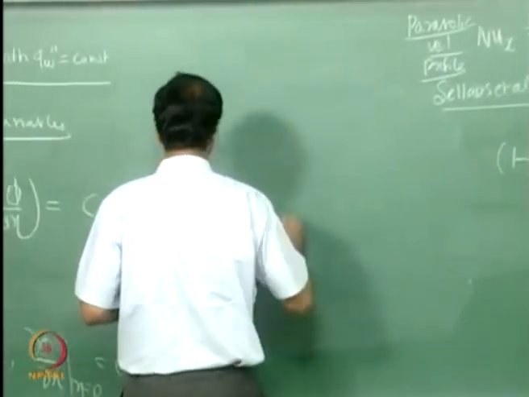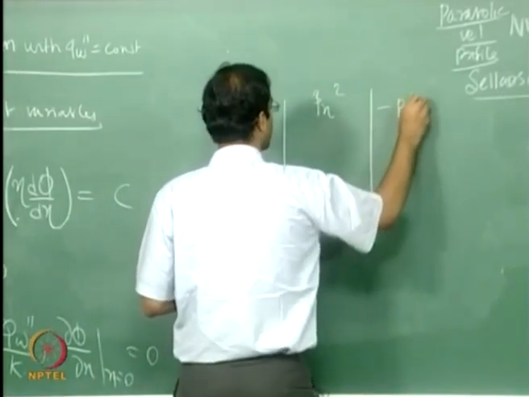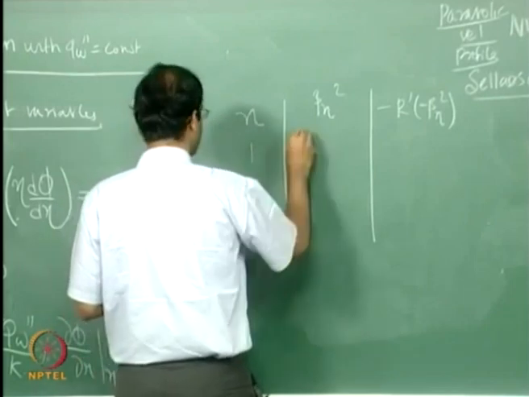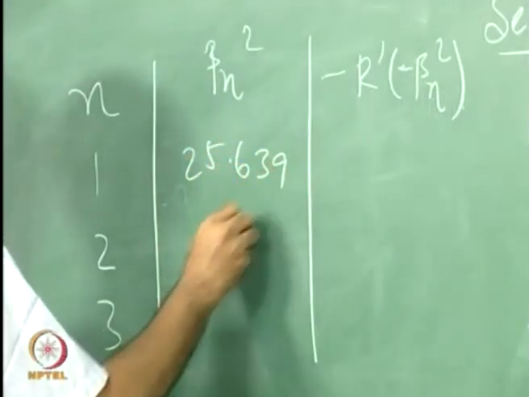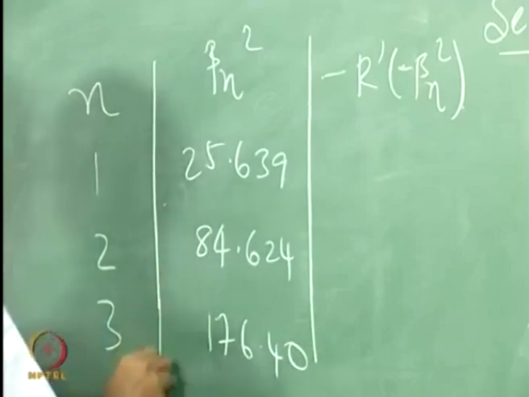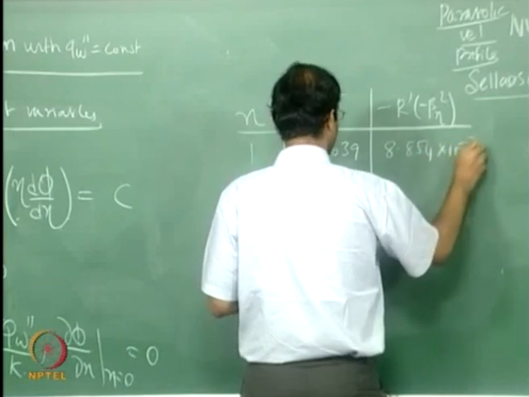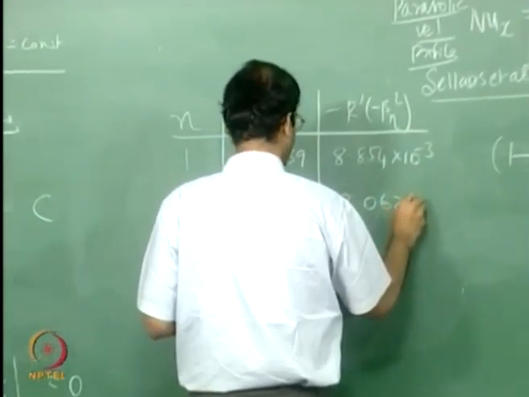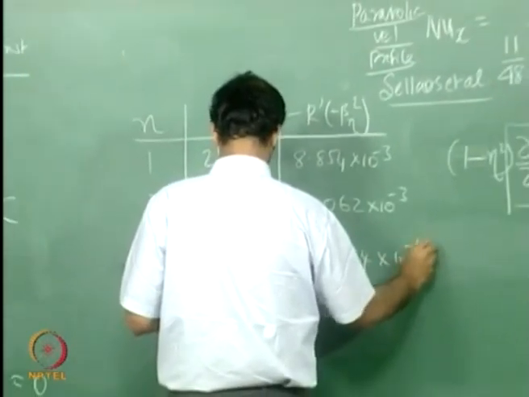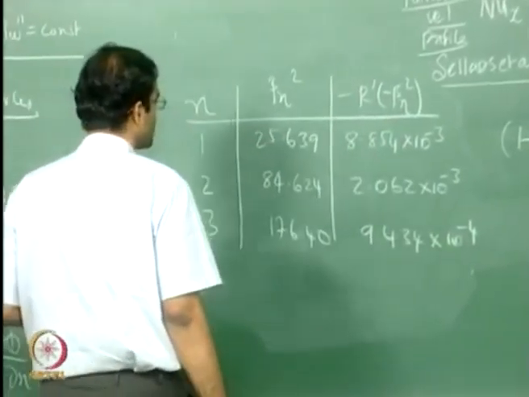For different values of n, beta n square and r prime, n equal to 1, 2, 3, the values go as 25.639, 84.624 and 176.4, and 8.854 times 10 to the power minus 3, 2.062. So therefore this is what he has done.